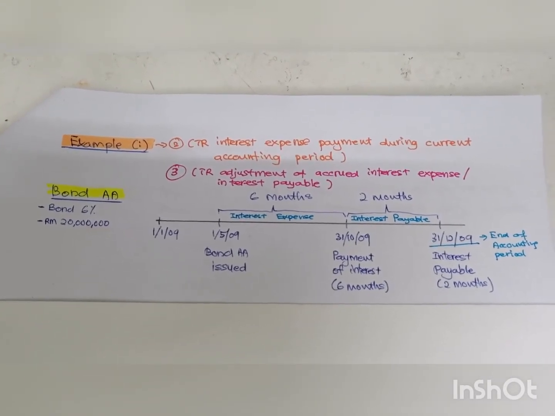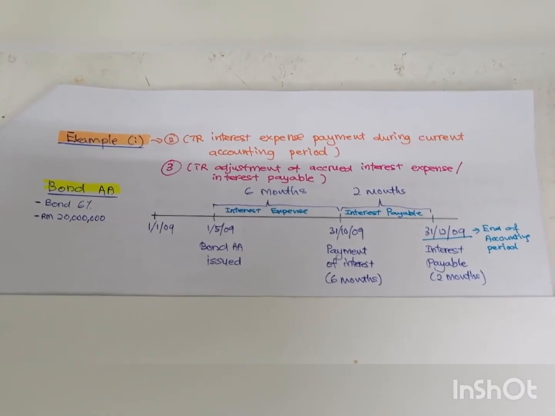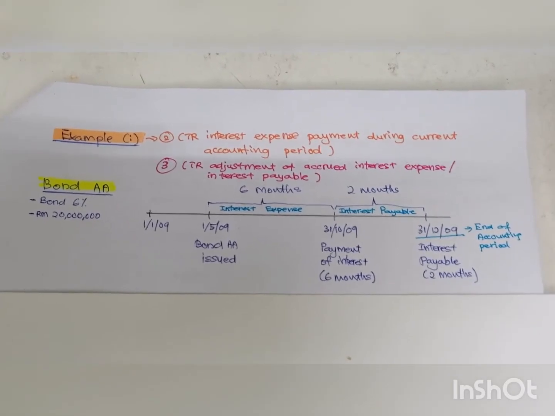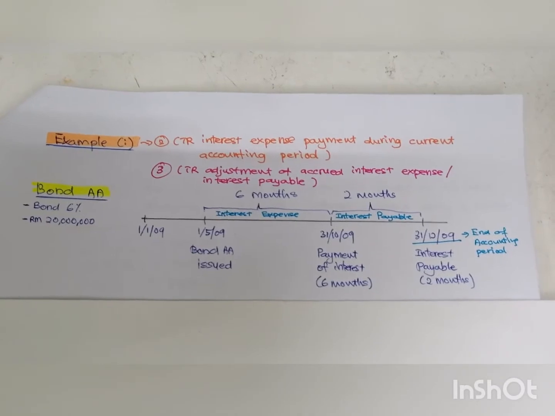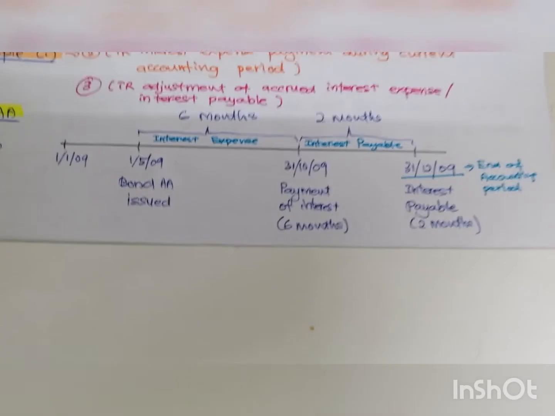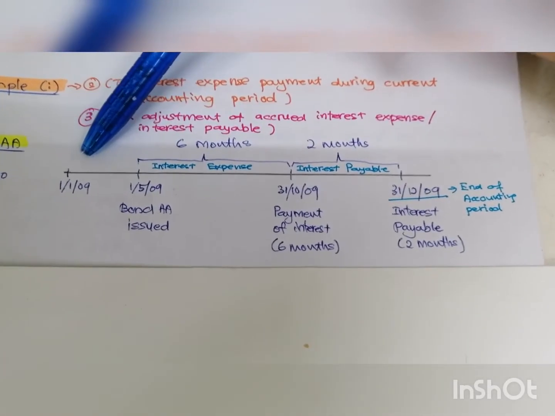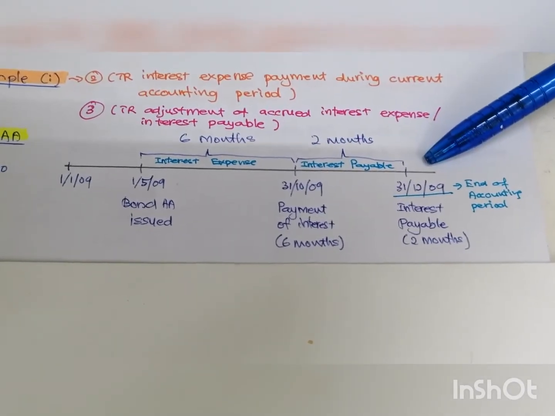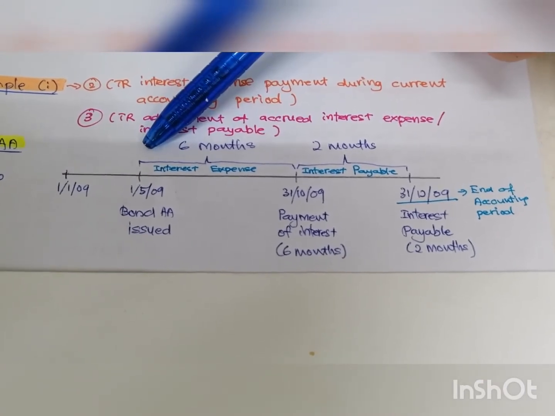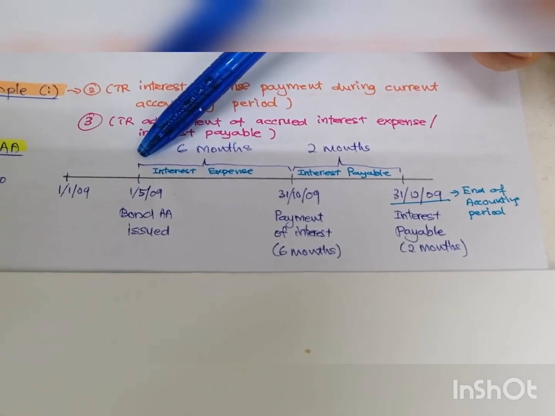Before that, we need to draw a timeline. We do it one by one. For bond AA, it is bond 6% totaling 20 million. We draw a timeline just like this. This is the beginning of the accounting period until the end of the accounting period, and this is the issuance of bond AA on 1st May 2009.